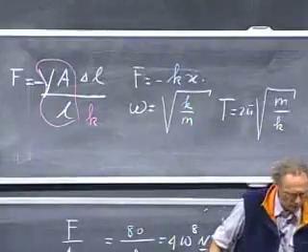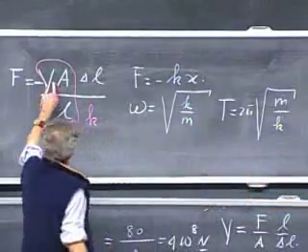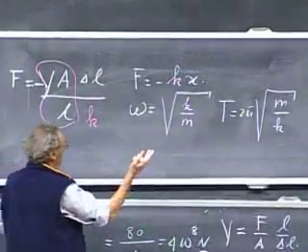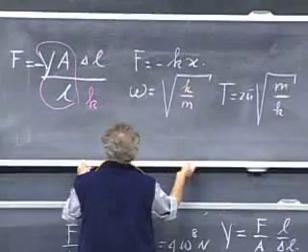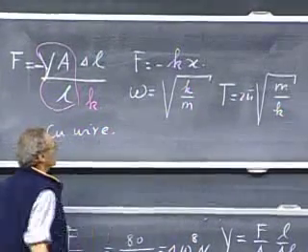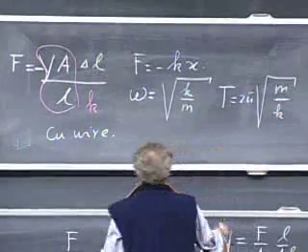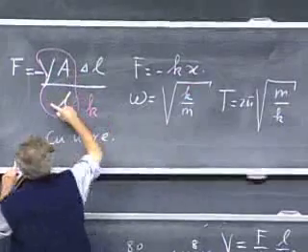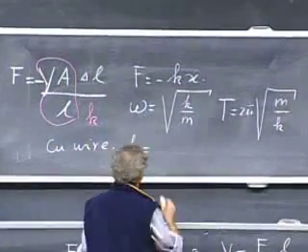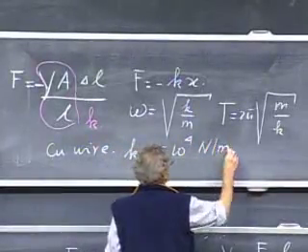If we take our copper wire, we know what Y is. If I take the value 11 instead of the one that we found, but it's very close anyhow, then I will find, depending upon the mass that I hang on it, but I'll find in any case for k, 5 times 10 to the 4th newtons per meter.